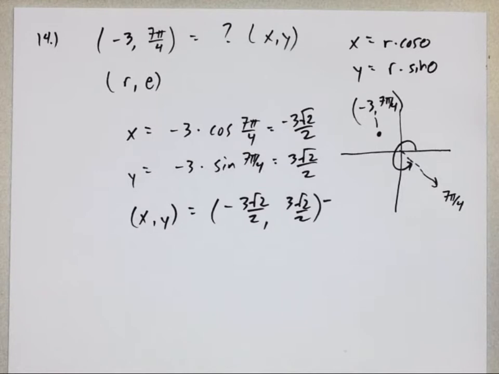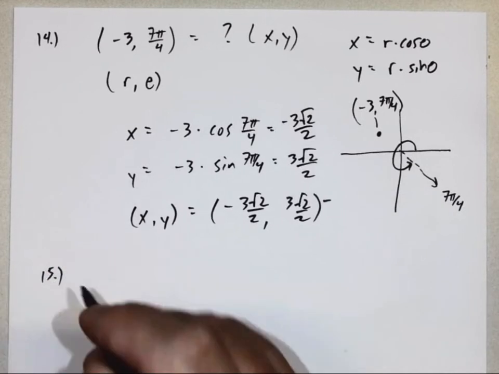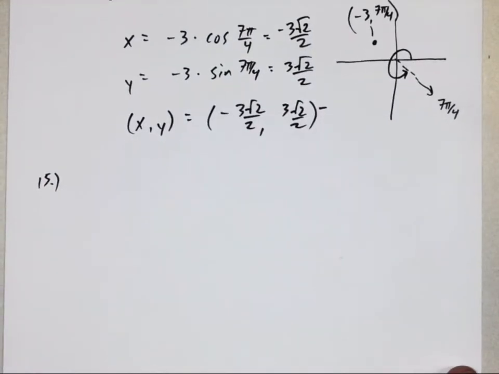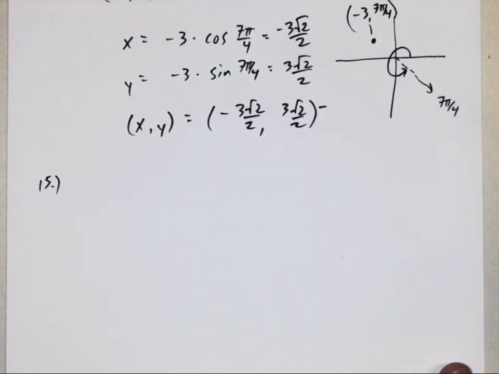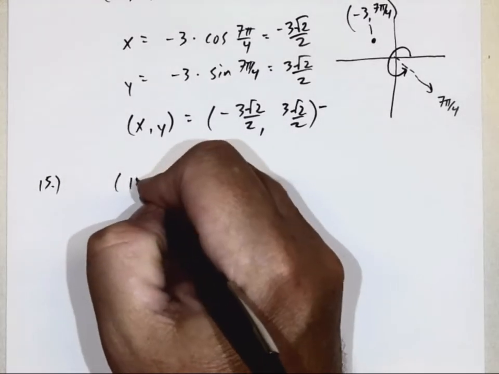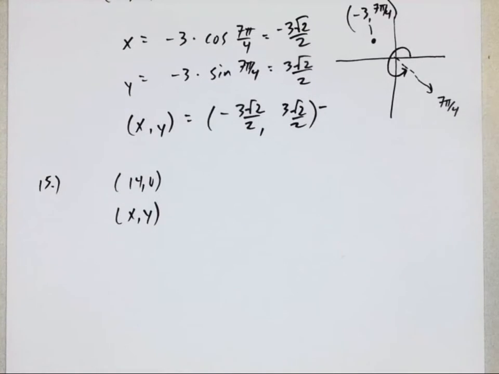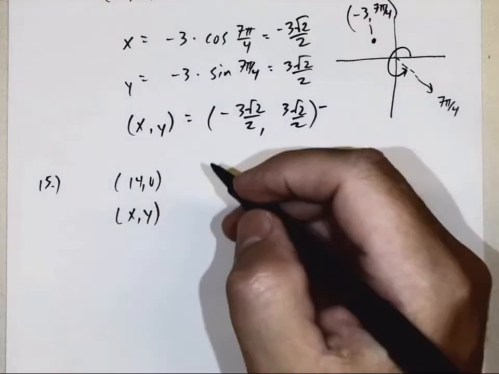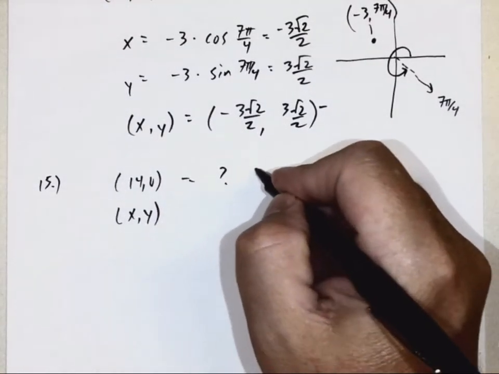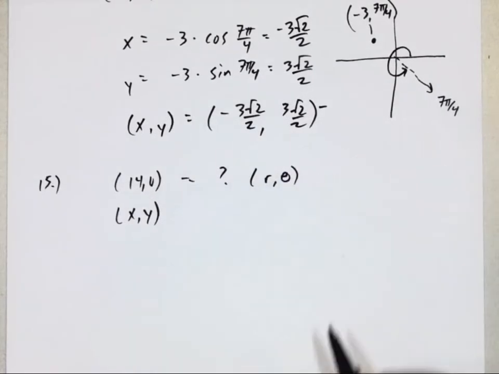So now number 15. The rectangular coordinates of a point. So now it gives me the x and the y, and it wants to know what this would be in polar coordinates.